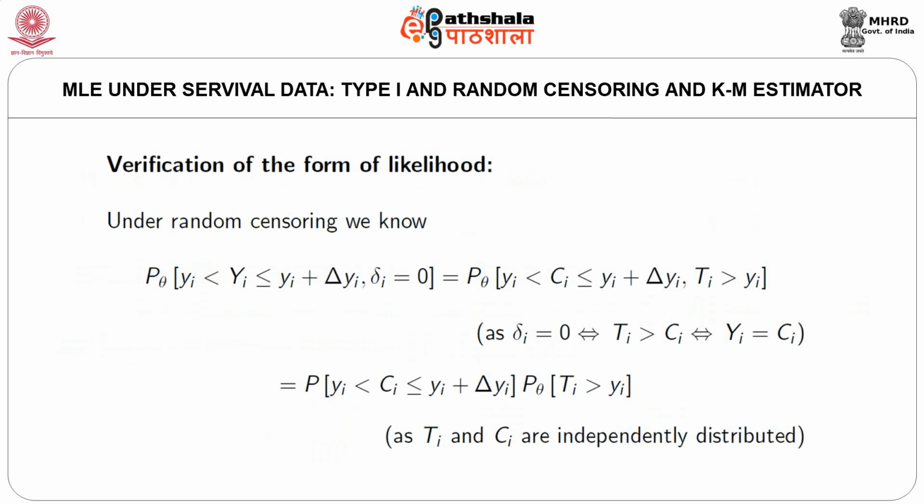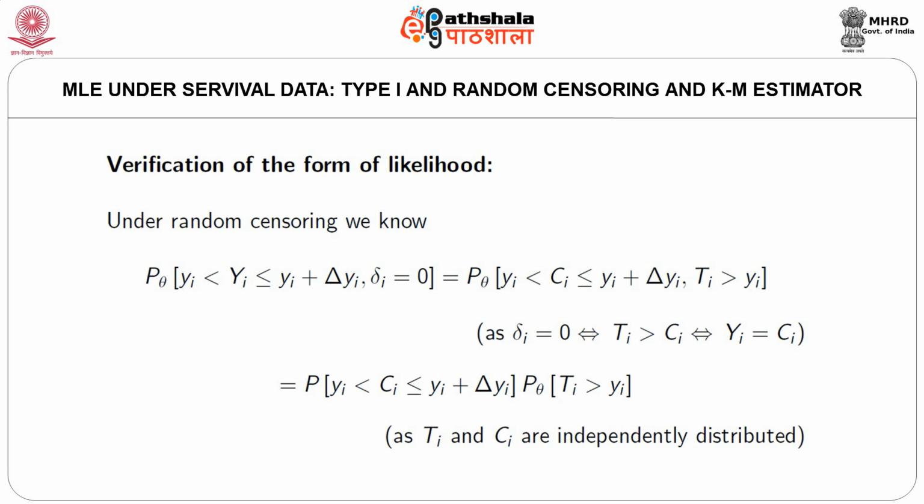We can verify this form of likelihood under random censoring. We know the probability that capital Yi lies between small yi and small yi plus delta yi, and delta i equal to 0, is equal to the probability that small yi less than Ci less than or equal to yi plus delta yi, comma Ti greater than small yi, because delta i equal to 0 is implied by Ti greater than Ci, and yi equal to capital Ci.